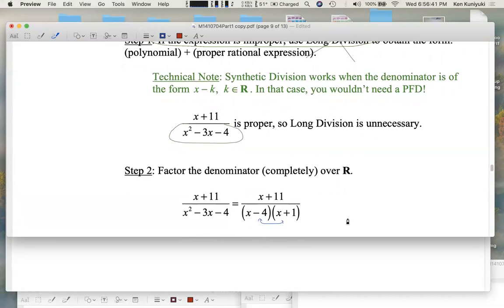Next up, because we have distinct linear factors, what will be the PFD form? What form will the PFD take? It's going to be what over what plus what over what. Have you done the homework? At least number 1 on the 7.4 homework. You should have done it by now, right? What's the form?